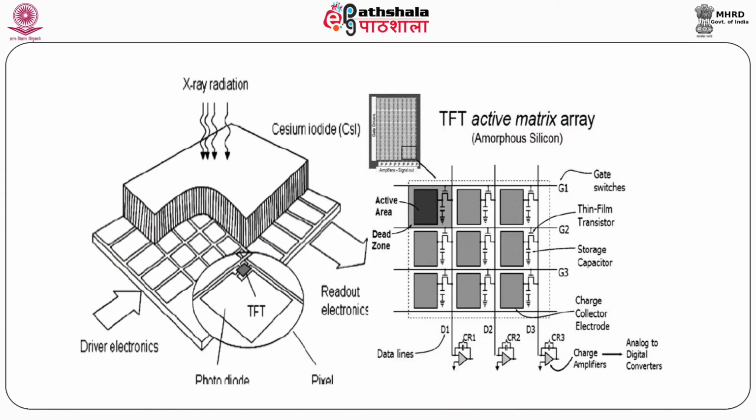So, here the amorphous selenium plate directly converts X-rays into electrical charges, and these electrical charges in turn are used to charge a capacitor in the TFT. This capacitor, you can see, is drained out by using the drain circuit to read out, and these electrical pulses are converted back into a grayscale image to construct the digital image, which is in the form of rows and columns.